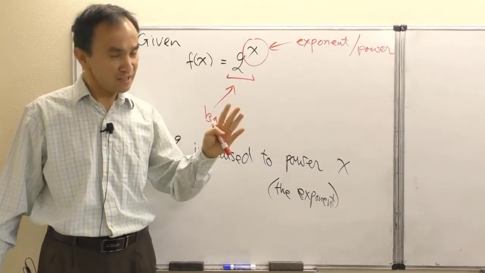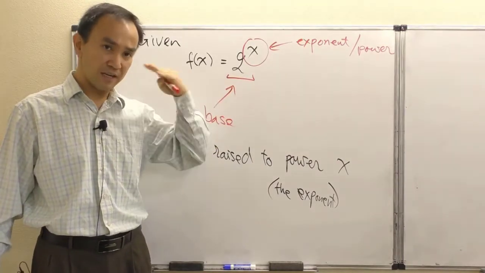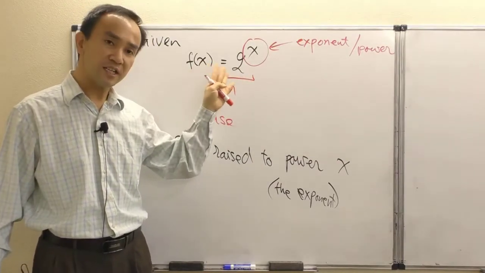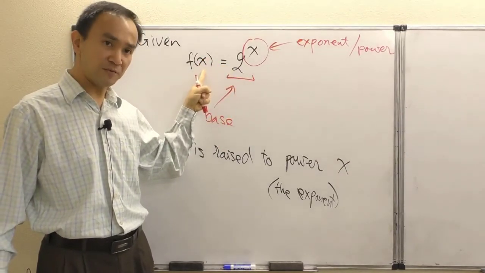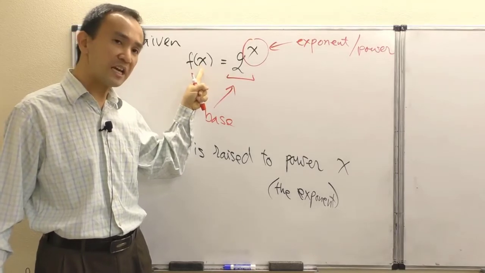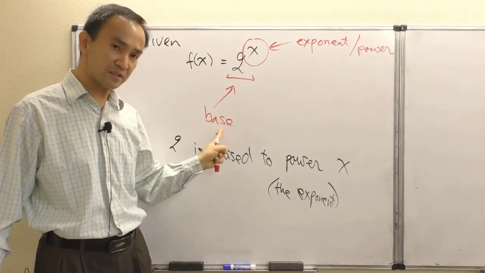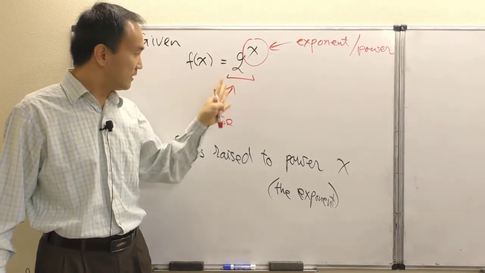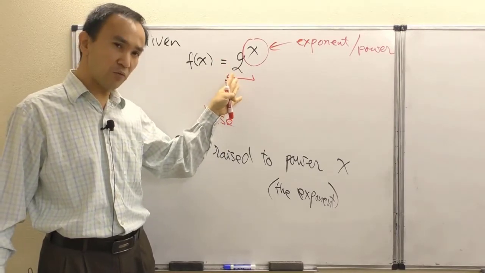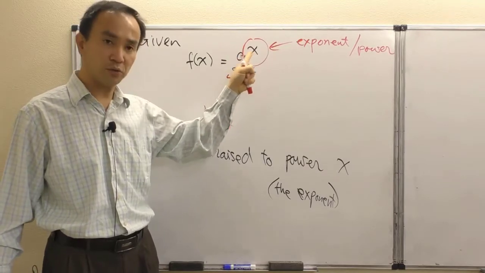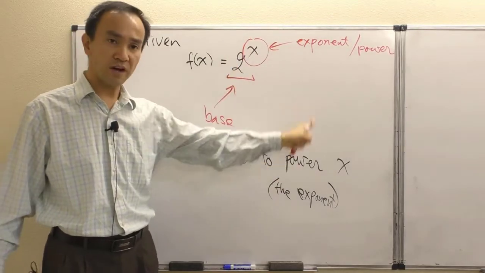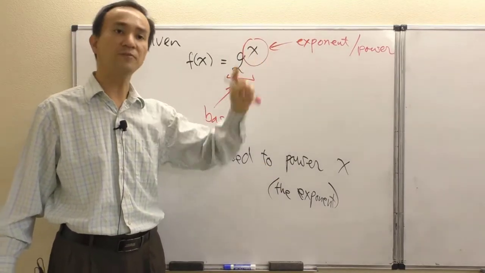The rule here is that anytime we have an input given, we take the base 2, and we raise that base to the power indicated by the input variable.